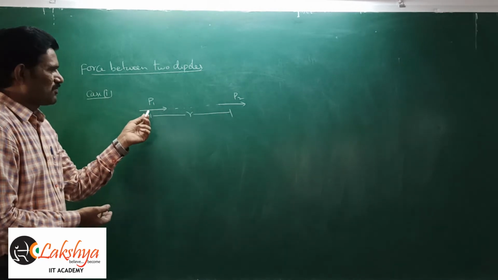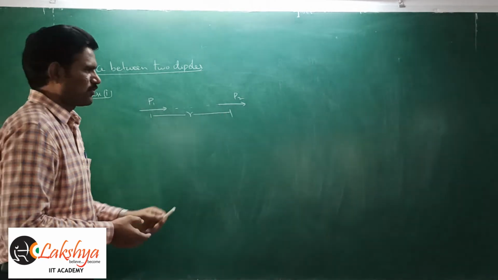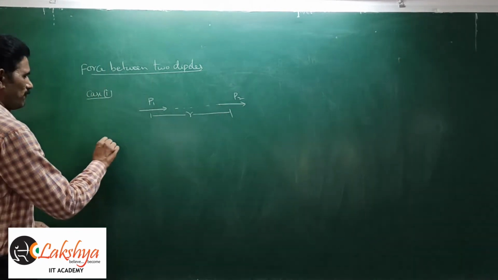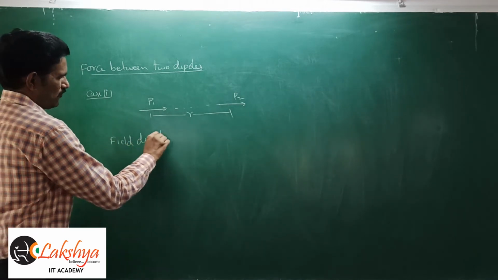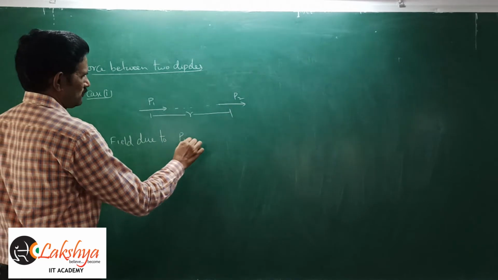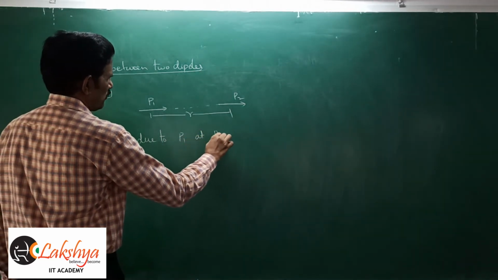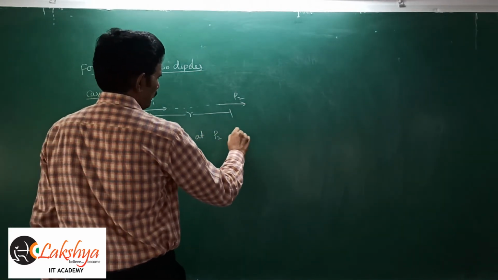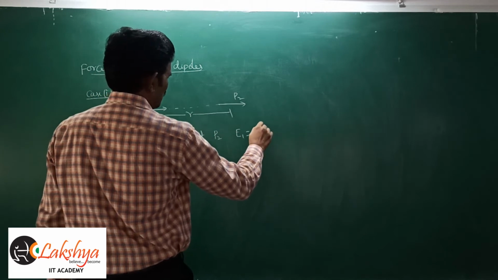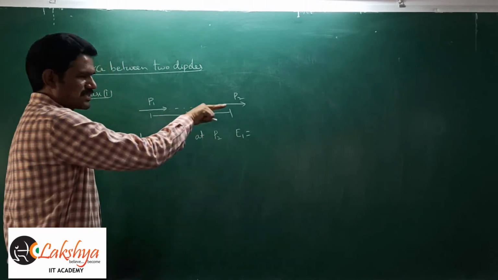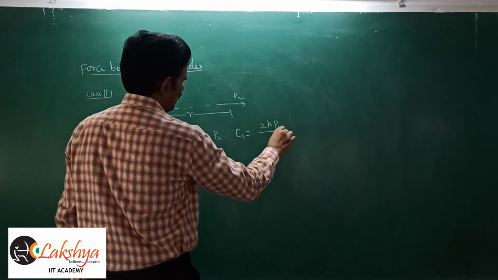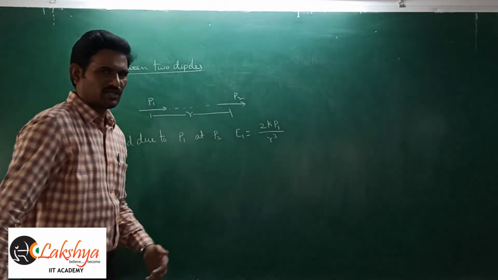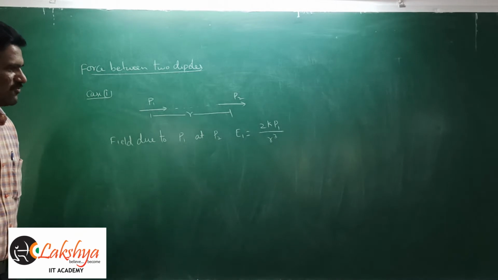First I am writing the field due to P1 at P2. Since it is an axial line, we can write it as 2kP1 by r cube. This is our electric field due to a dipole on its axial line formula.